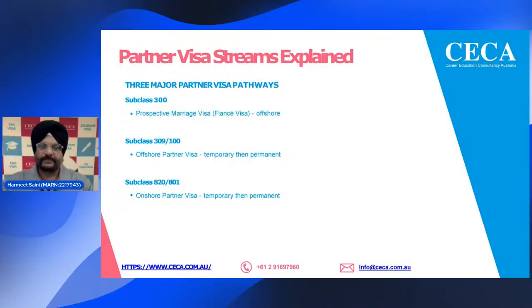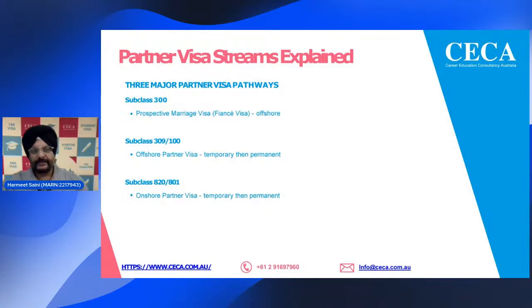The second is subclass 309-100, an offshore partner visa. This visa is a temporary to permanent transition visa. 309 is the temporary visa, and 100 is the permanent visa. After 2 years, they grant you the actual Australian PR visa.